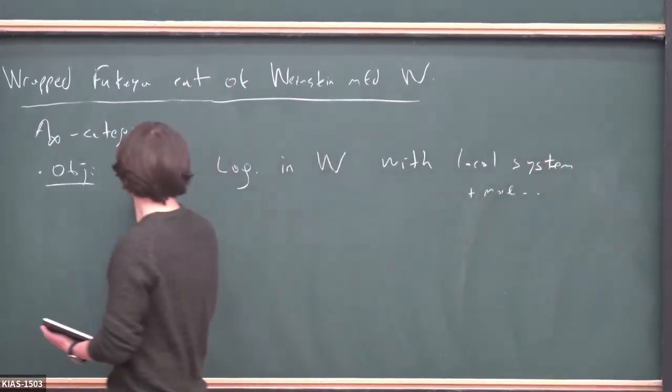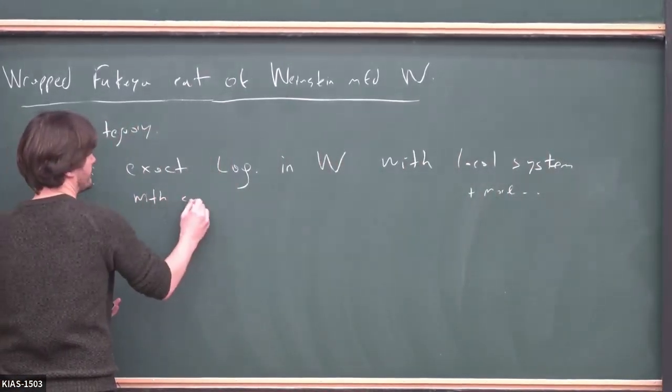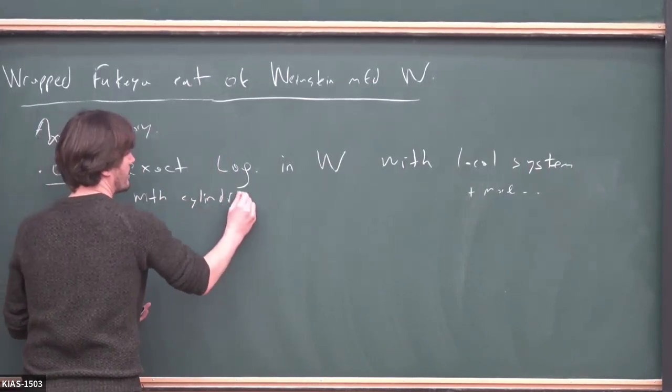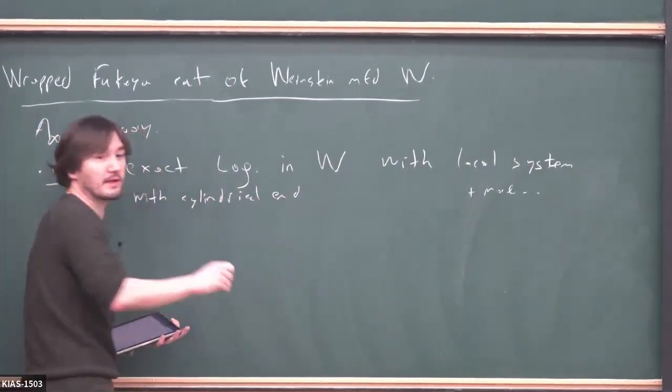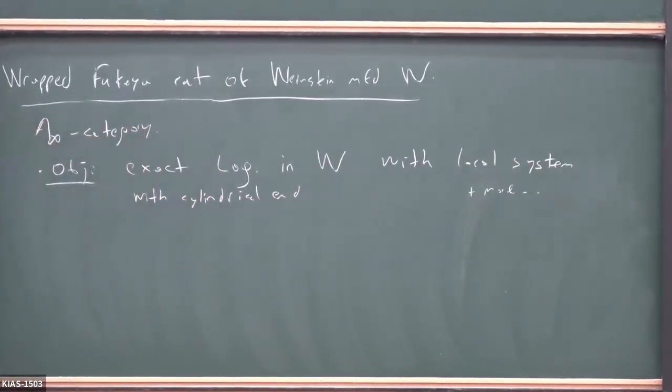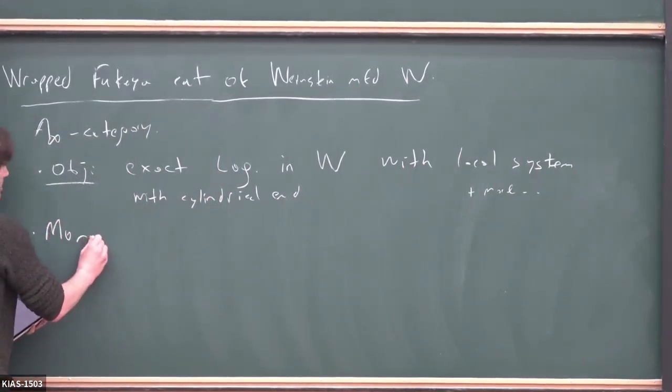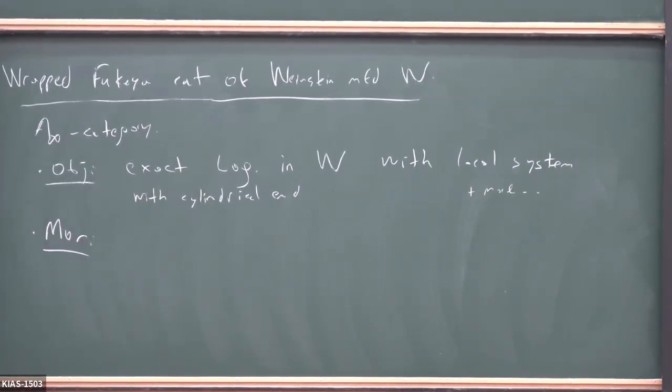And with cylindrical end means they are boring at infinity. They don't do much at infinity. They just follow the Liouville vector field. So this compact part is more topologically rich, but the non-compact part is also important, of course.